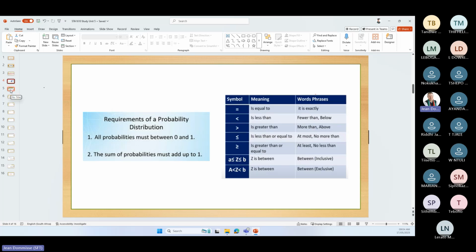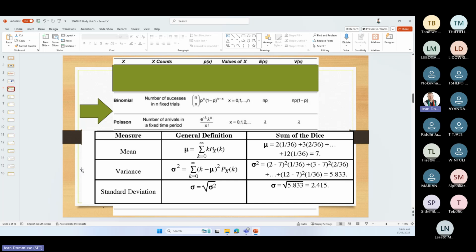Okay, so when we look at the probabilities of discrete, binomial, and Poisson, and you will find this in your study guides as well, there are a few things that you need to be able to do. With binomial, there might be times that we will use the probability function, but not to work out each probability.